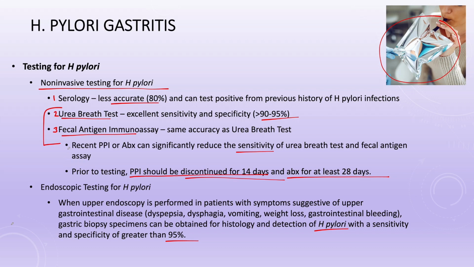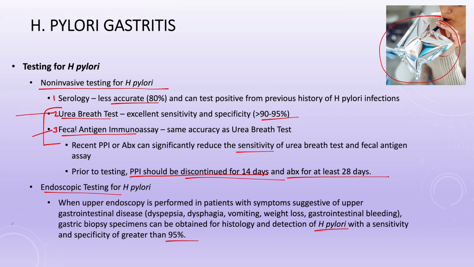Okay. If the patient is older or they have dysphagia or some other alarm symptom, then we tend to do the endoscopy, and that will tell us whether or not they have H. pylori. Once they have had the H. pylori treatment and we need to test them again, we use either the urea breath test or fecal antigen.